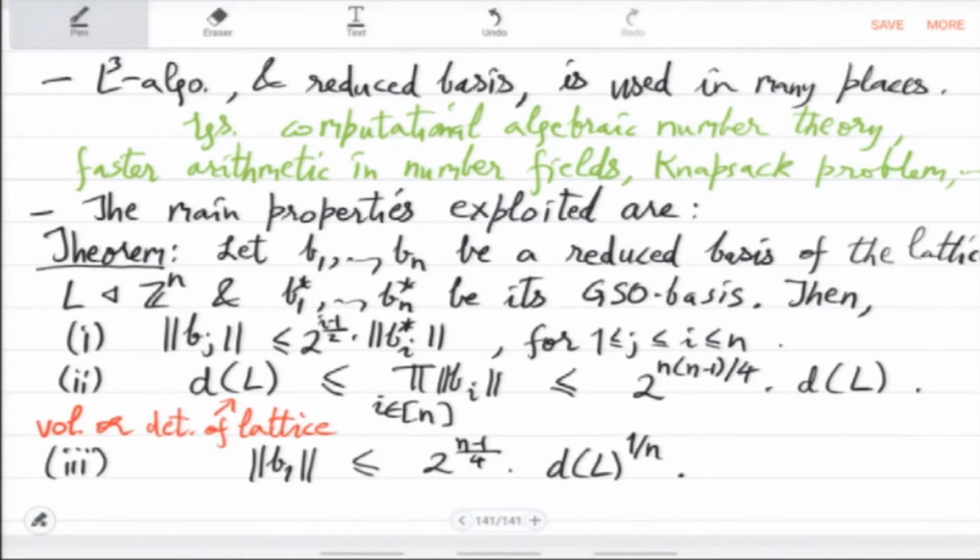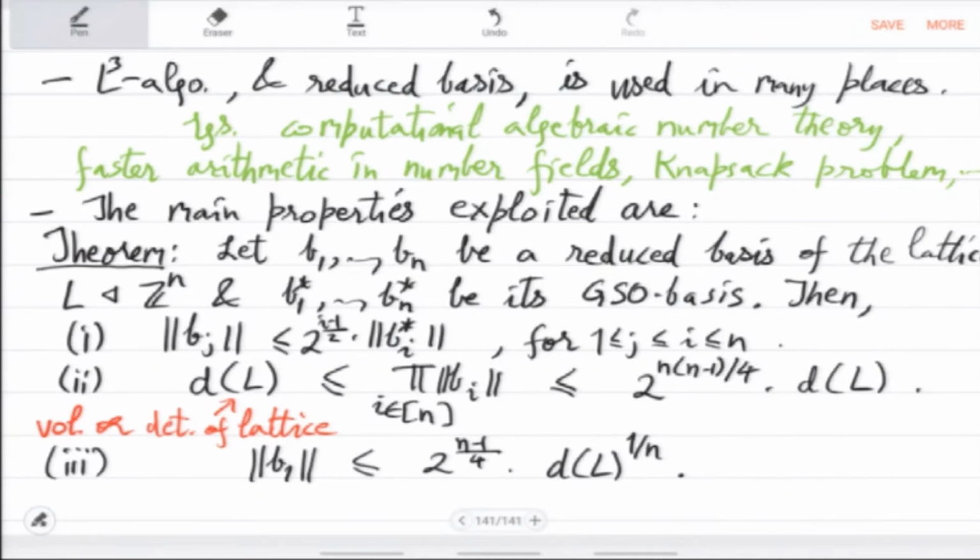So, inequality 1 can be proved by the axiom of reduced basis. From that, it easily follows that the product of the bi is related to the determinant, and from the determinant you can deduce something about B1, because you know the relative ratios of the bi lengths.